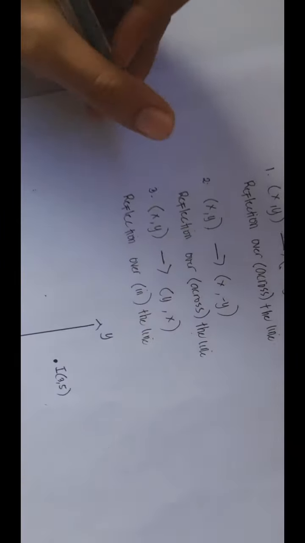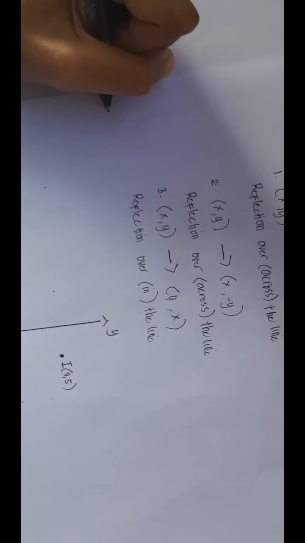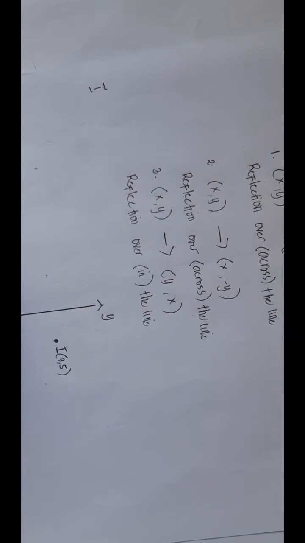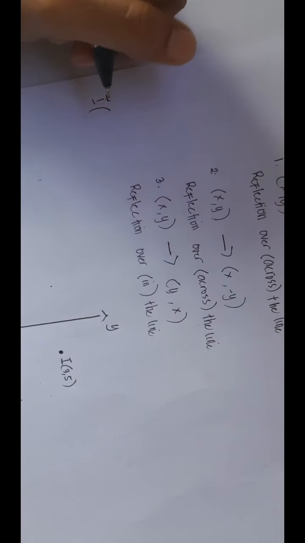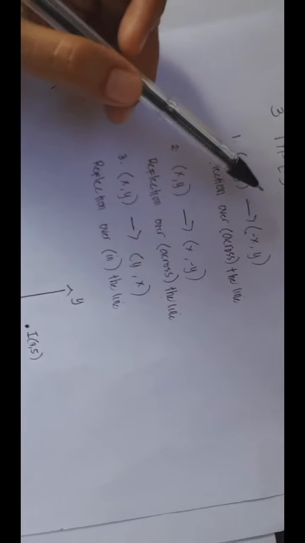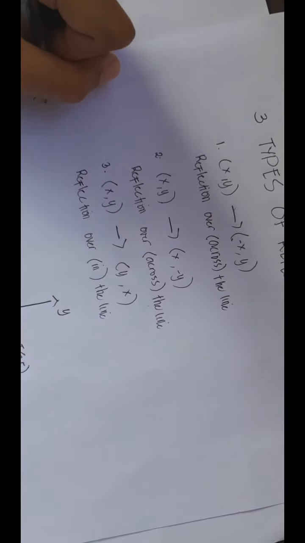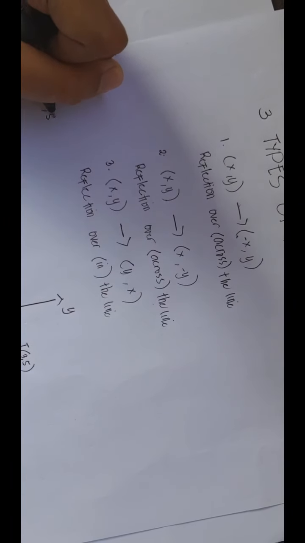So it became point I prime. The opposite sign of positive 3 is negative 3. Negative 3, copy the value of y, which is 5.